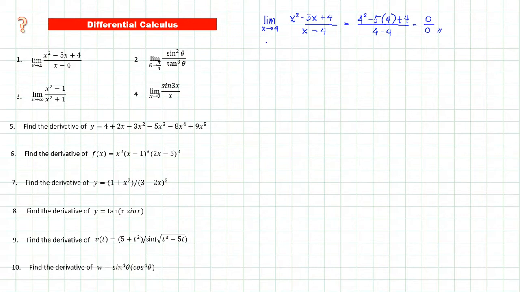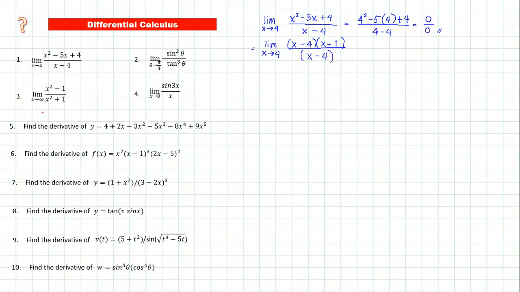So, yung ating limit, equal din yan sa limit as x approaches 4 ng ipa-factor out natin yung ating numerator. So, dito we have x minus 4, and then x minus 1, all over quantity x minus 4, right?